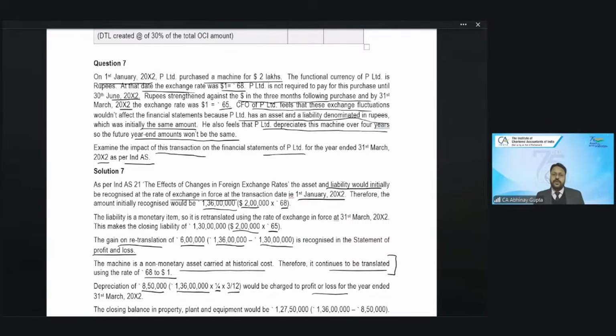Right? So January, February, March, 3 months we would be calculating the depreciation. So 3 divided by 12, and the life is 4 years, so 1 divided by 4. Correct? Now, what would be the WDV? 136 minus depreciation 127. Right? Easy.